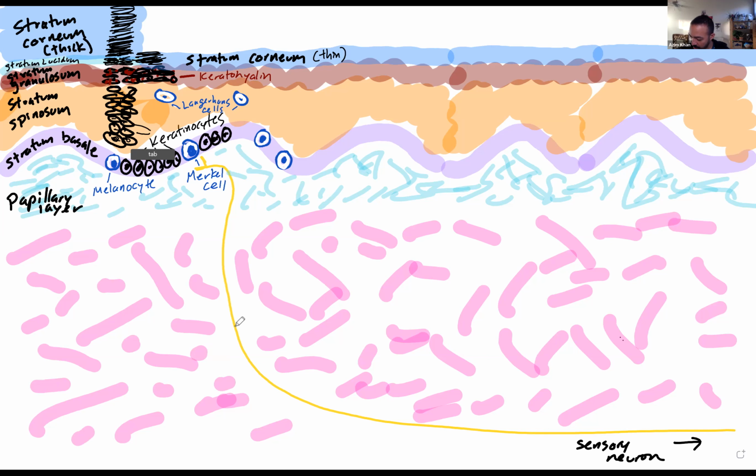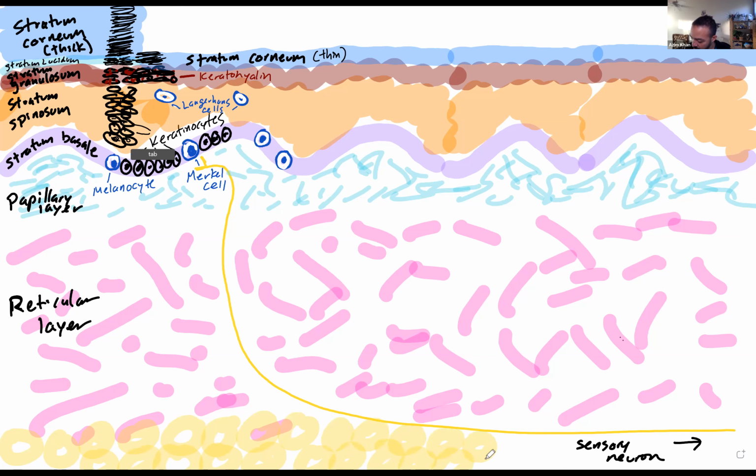This is the reticular layer. Deep to that, which I'll only be able to show a little bit since I've used more real estate here for the other layers, we have large cells, large round cells that make up the subcutaneous.